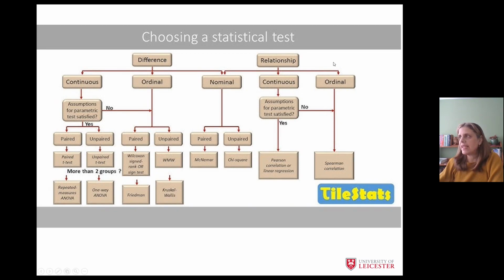So you have ordered data that you want to compare against maybe something like age. So it's a relationship, so that would take you down that route. But if we keep thinking about blood pressure, because it's continuous, and if it's normally distributed, we would do the Pearson correlation test, or we could do a linear regression. If it's not normally distributed, then we do the non-parametric version of the correlation test, which is Spearman's rank.